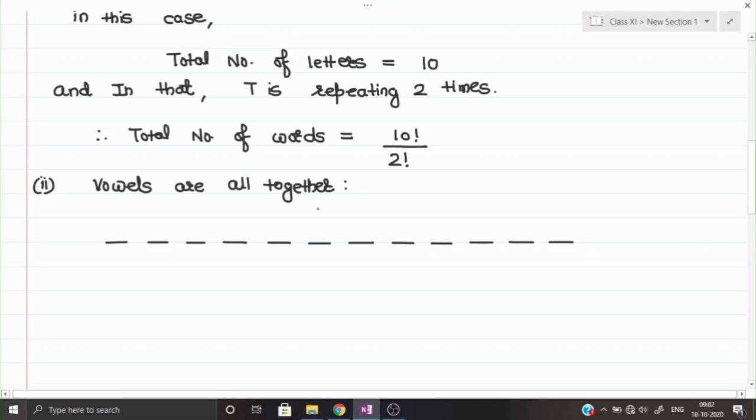If we talk about the vowels, then who are the vowels given to us? See, the letters we have are P-E-R-M-U-T-A-T-I-O-N-S. 1, 2, 3, 4, 5, 6, 7, 9 plus 3, 12.